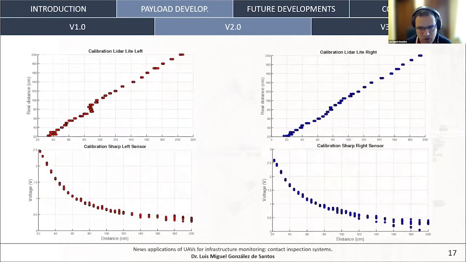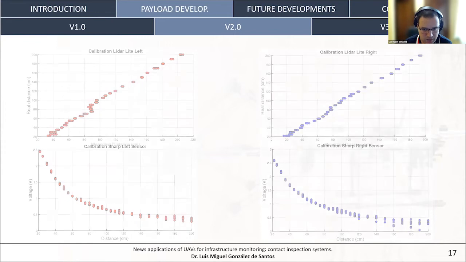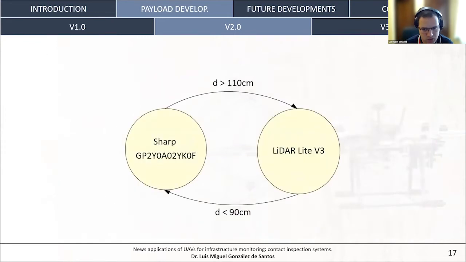As we can see in this graphic, the LiDAR-Lite sensor has a range around 90 centimeters where it is not able to take reliable measurements. So this new sensor solves this problem, complementing the LiDAR-Lite. And a stability system was implemented to select the sensor used at each moment.